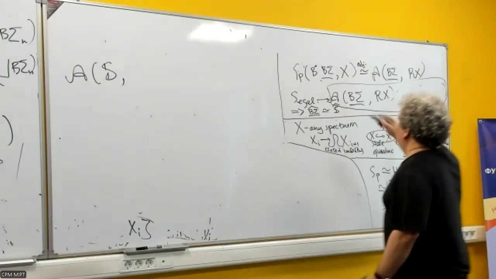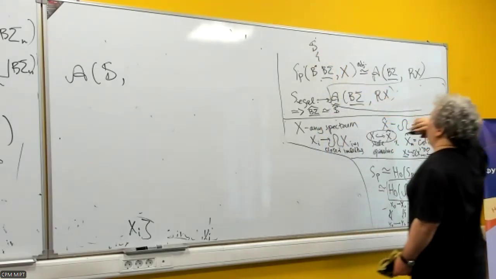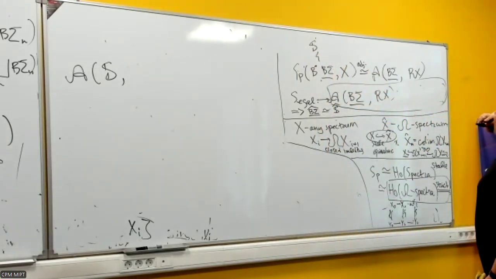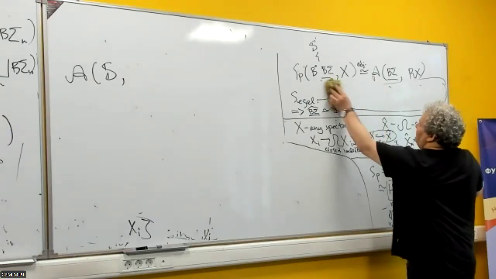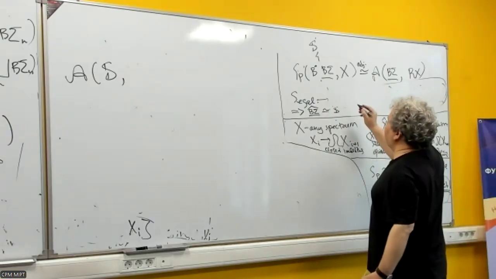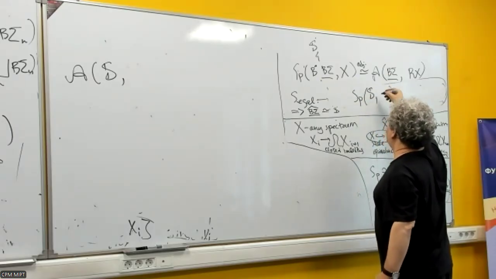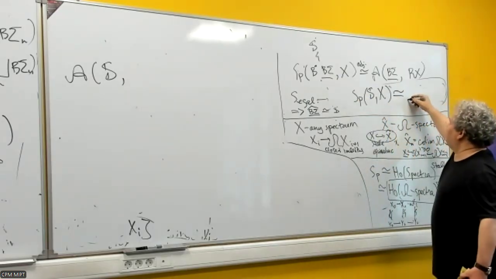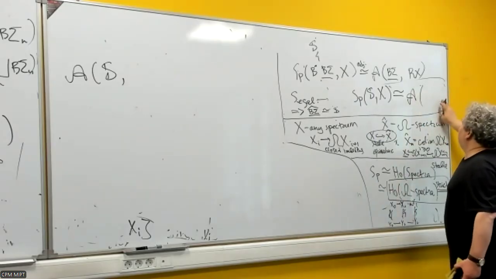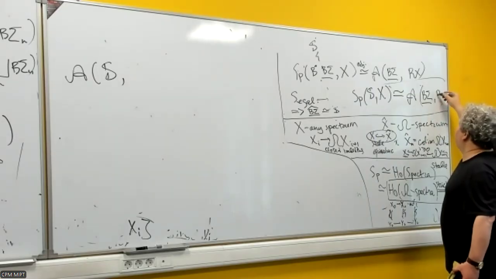And if you would like to know that this is equivalent to the sphere spectrum, then what we like to prove is that in spectra from S to X is equivalent to that, but then I use my adjunction and write it down that it's actually B sigma to Rx, correct?